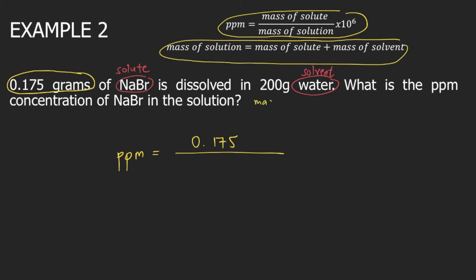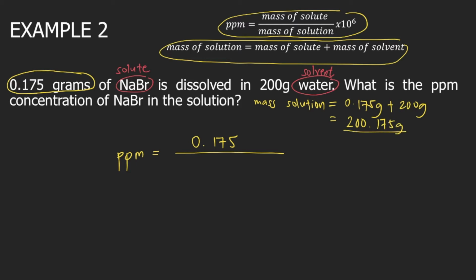So mass of solution is equal to the mass of solute, that's 0.175 grams, plus the mass of solvent, which is 200 grams. And this is equal to 200.175 grams.